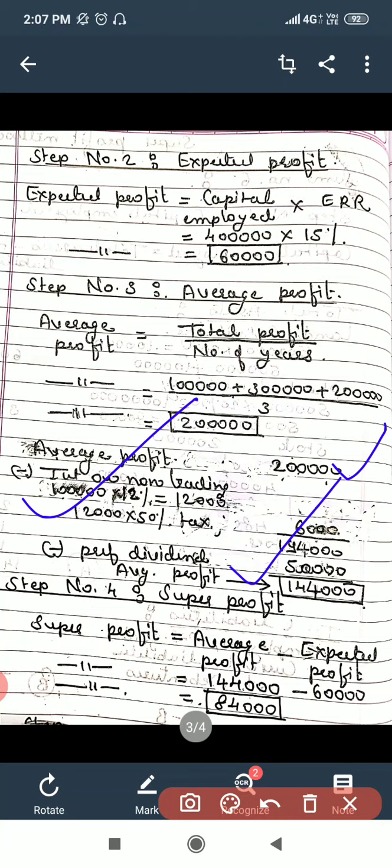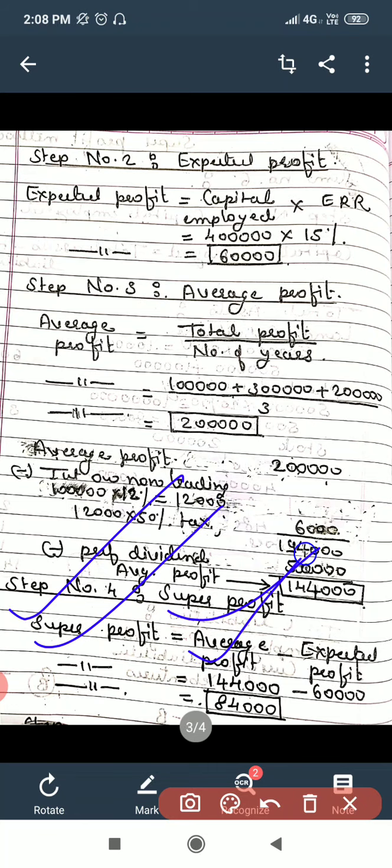So now here we are getting the average profit which we have to consider for the valuation of goodwill is rupees 1,44,000.